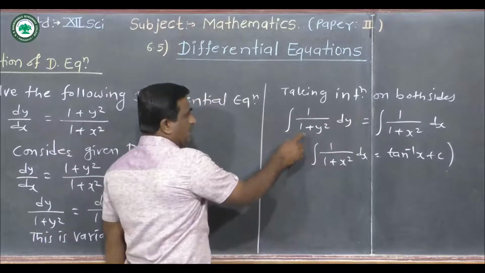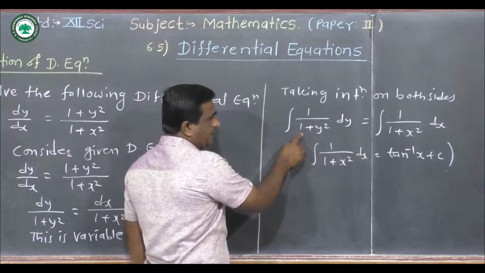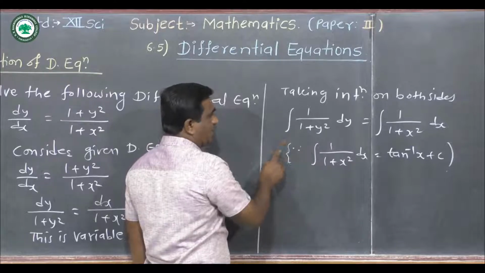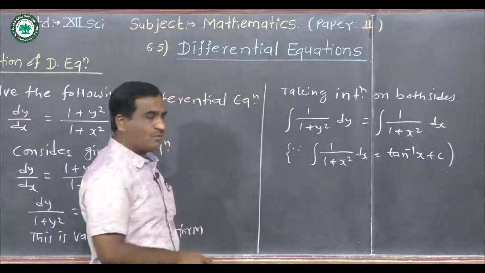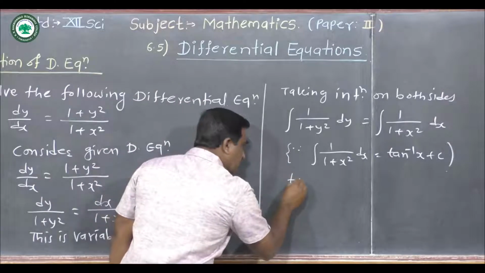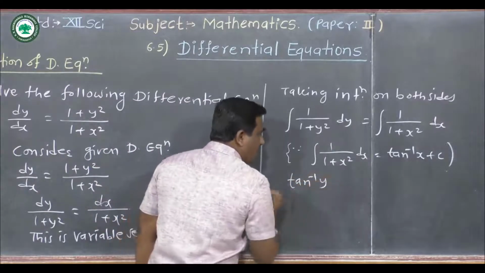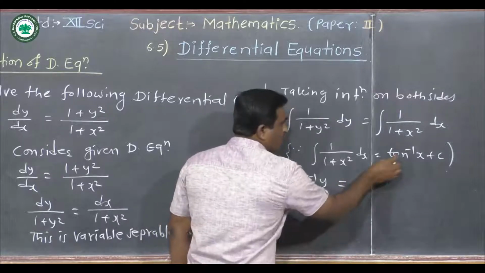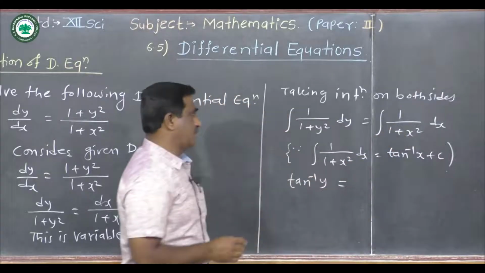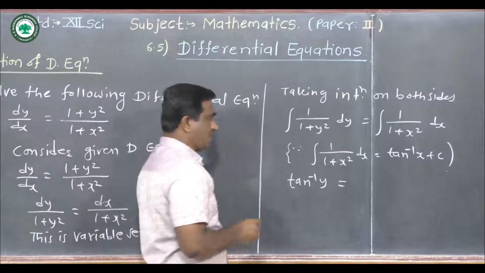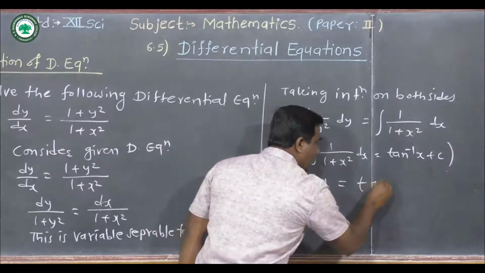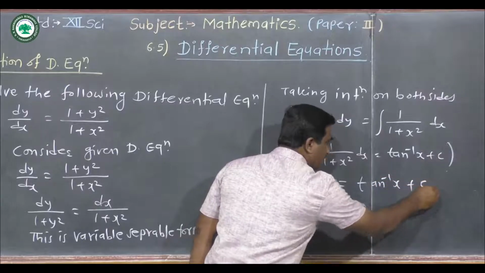Using this formula we can write the integral of both terms. Therefore integration of 1 upon 1 plus y square with respect to y is tan inverse of y, is equal to integral of 1 upon 1 plus x square with respect to x, which is tan inverse of x plus c.